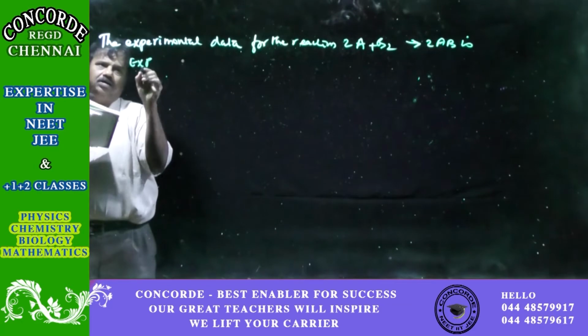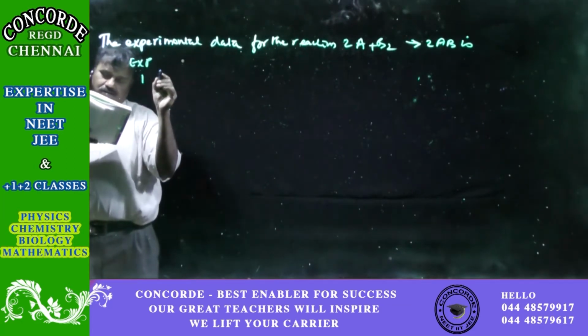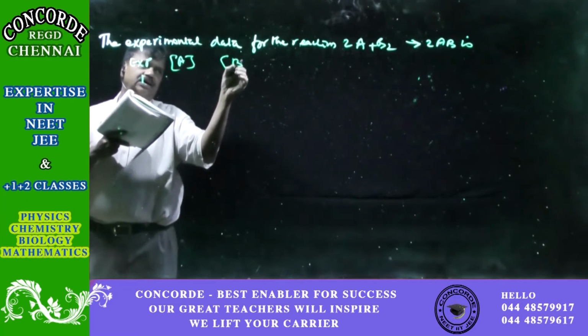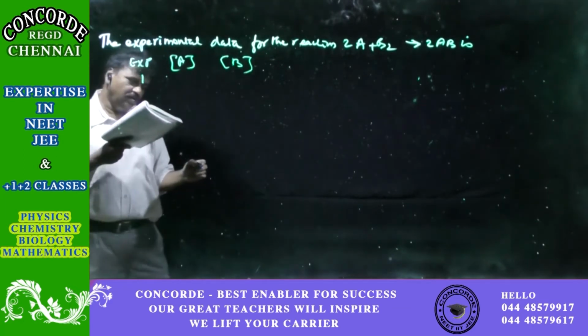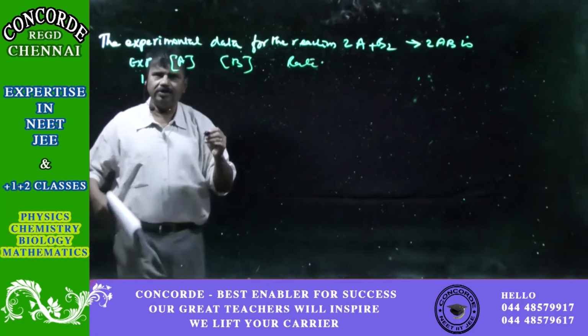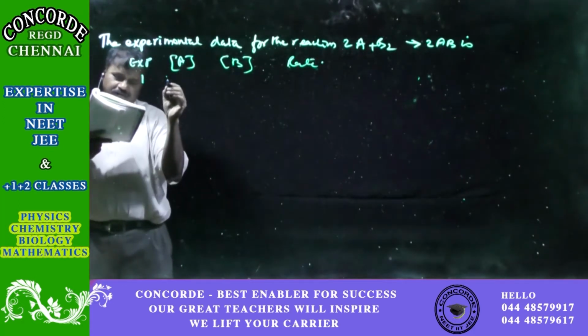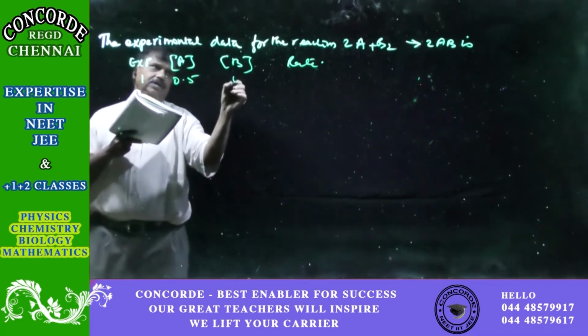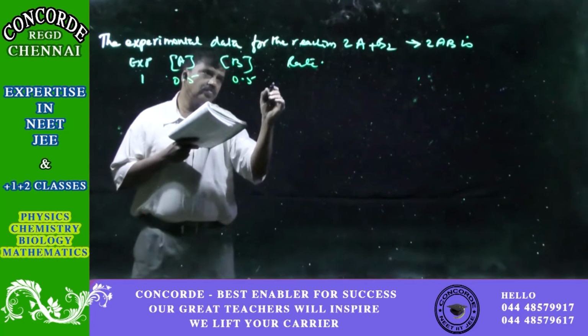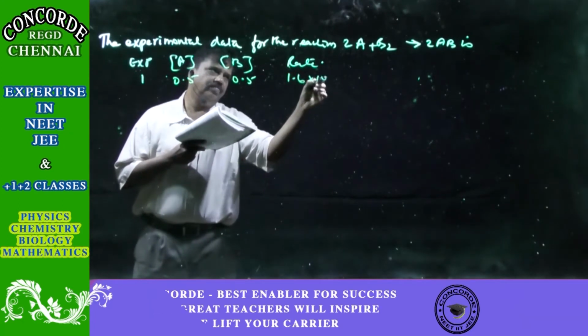Experiment 1, concentration of A, concentration of B, and then rate. So, the concentration of A is 0.5, this is also 0.5, whereas the rate is 1.6 into 10 power minus 4.